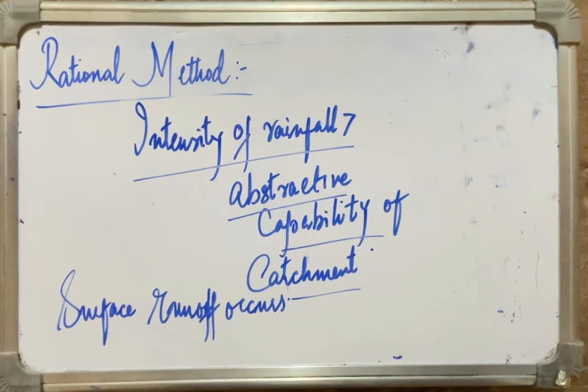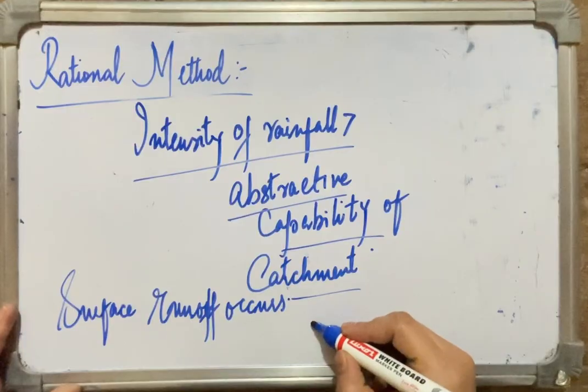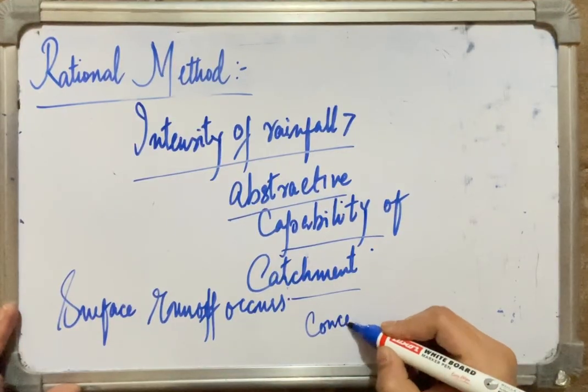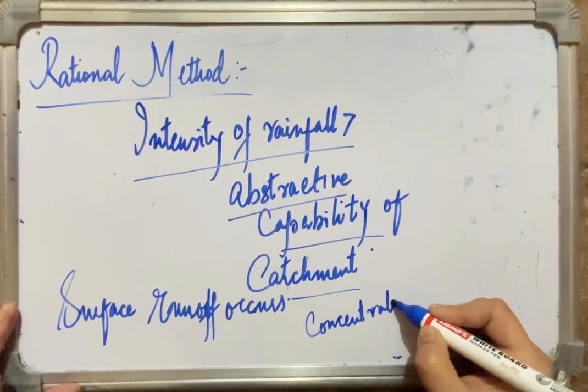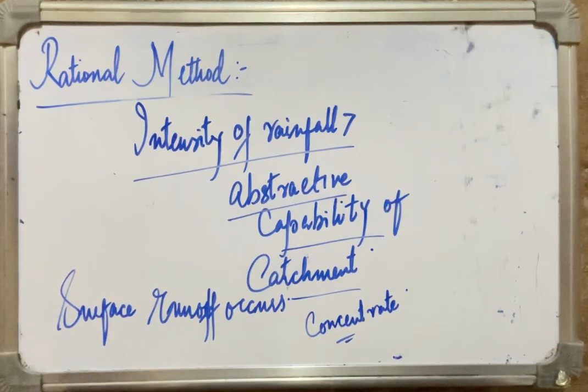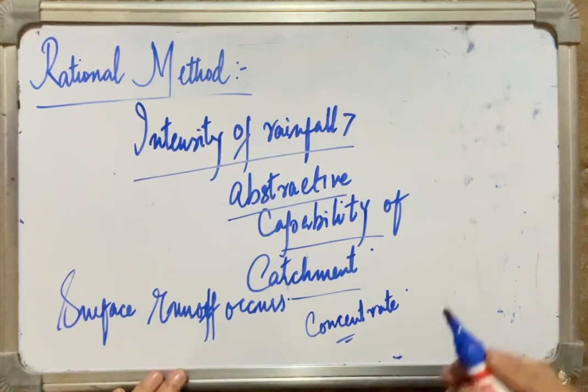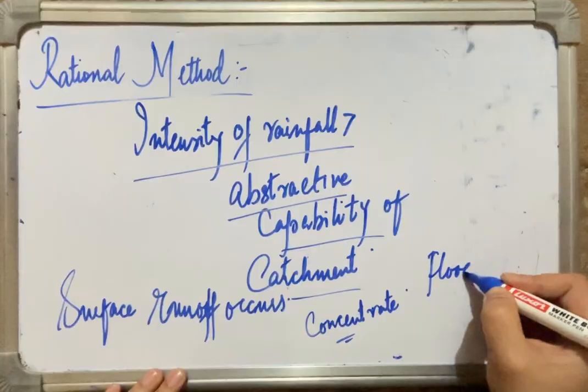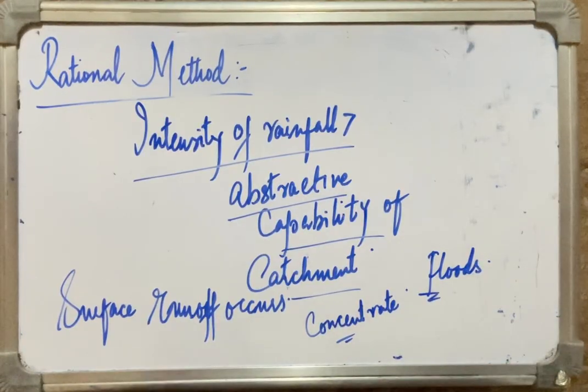will occur. And eventually when large amounts of surface runoff concentrate, they provide large flow rates which are known as floods. All right. And the study of floods, their occurrences, their causes, their transport and effects is the very essence of flood hydrology.